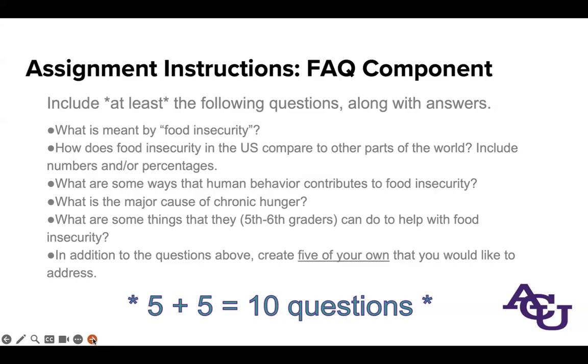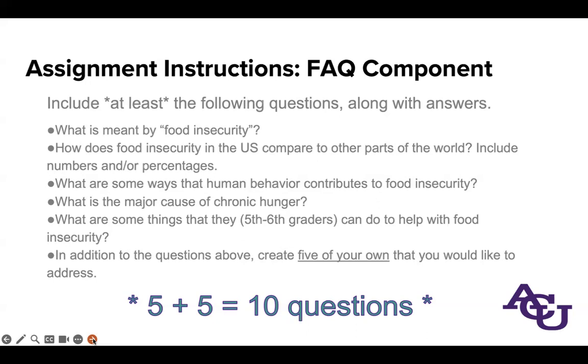Again, this is what we've been talking about earlier with the World Bank. It's on the rise, it's exploding. How does that data compare to what's going on in the United States? Third, what are some ways that human behavior contributes to food insecurity? Fourth, what's the major cause of chronic hunger?